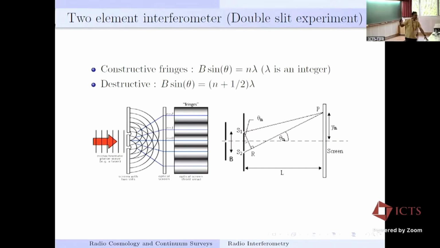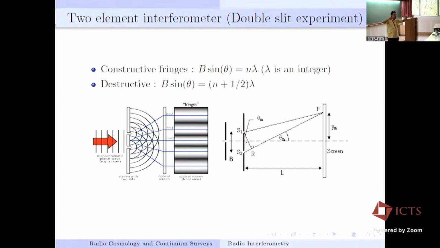This is fine. Now let's say I have one source over here. Now you can consider it like a star. Let's say I have a star somewhere over here, right? Now if I have a star very far, it is a point source, right? A point source emits a spherical wavefront.